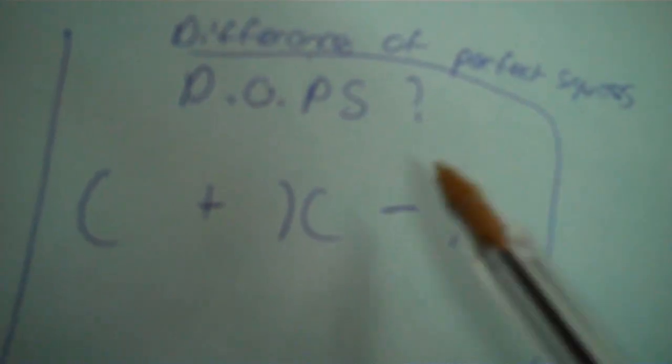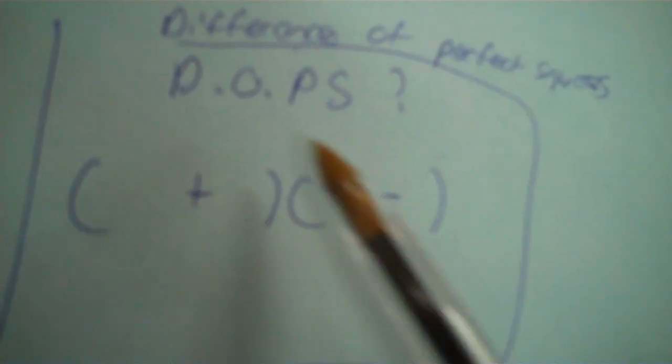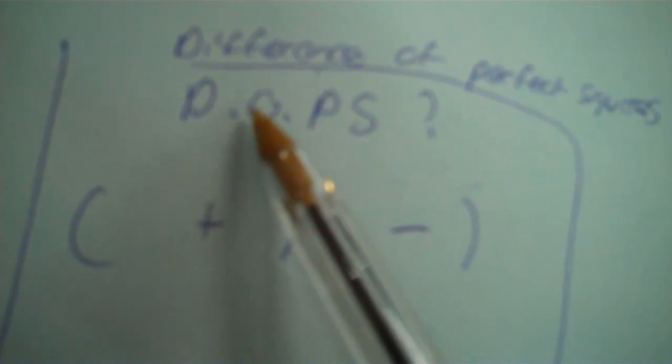In 2 terms, we first draw our GCF box and we see if we have a difference of perfect squares. You can abbreviate that with DOPS. So first we need to see if we have a greatest common factor, and then we need to see if we have a difference of perfect squares.